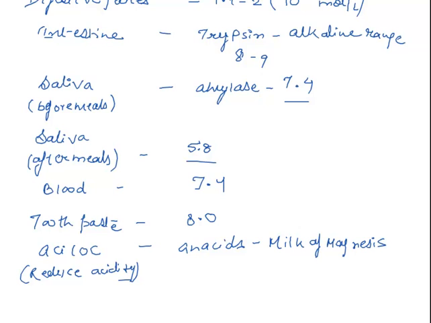And what is milk of magnesia? Milk of magnesia is Mg(OH)2. So this is what milk of magnesia is. Now, what should be its pH range? It should be above 7, right? So it should be more than 7.